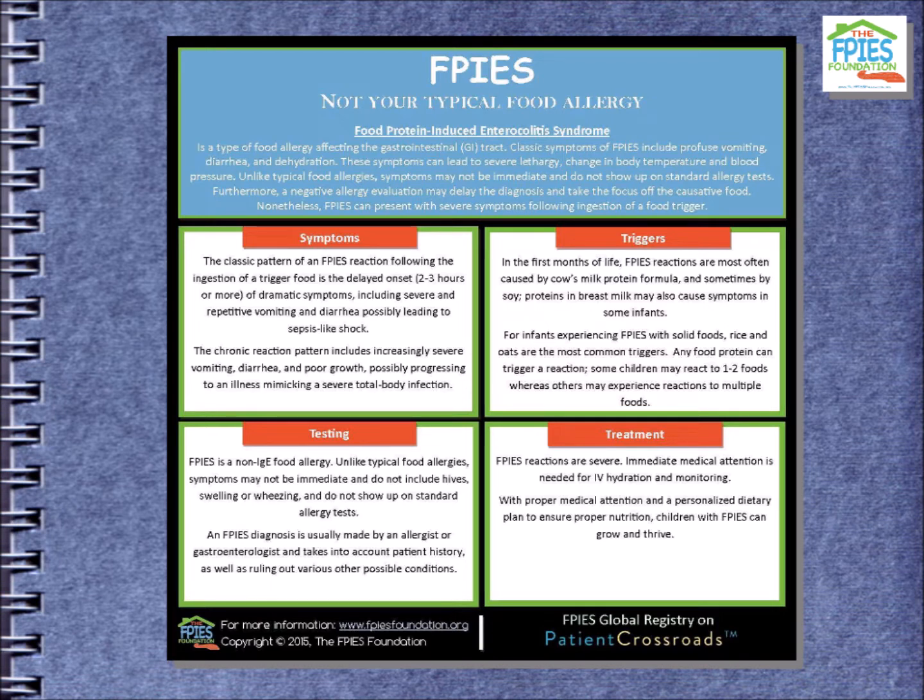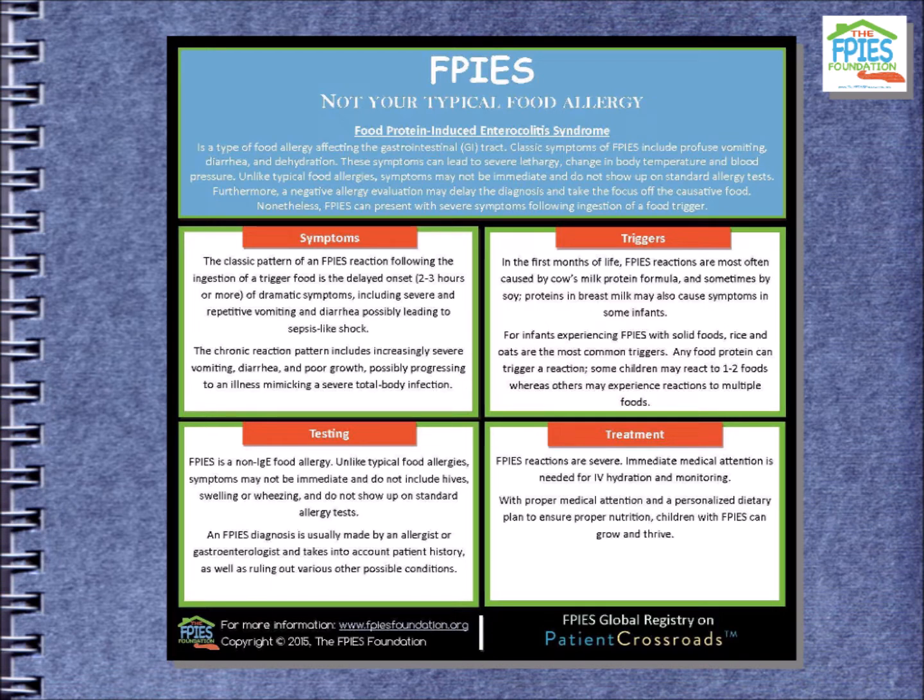In terms of testing, unfortunately, there are no tests to definitively diagnose FPIES. It's one of those diagnoses that's diagnosed by ruling out other conditions and by looking at the pattern of symptoms that the child has exhibited.